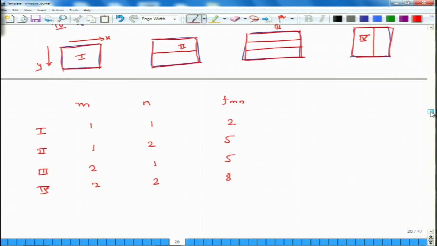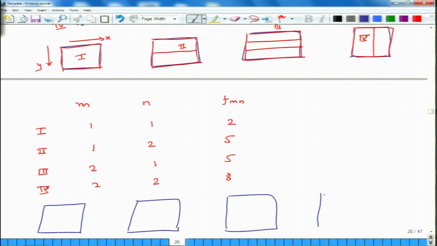So, how do the modes look in this case? So, we will draw it. So, these are the 4 cases.